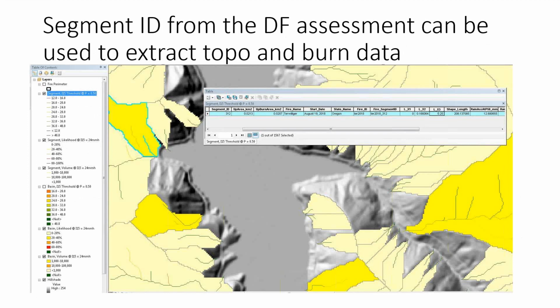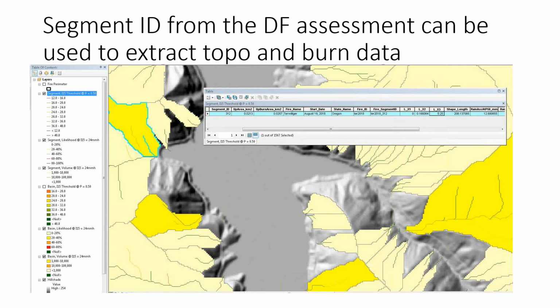So what you're looking at is just a screenshot from ArcGIS, for those of you familiar with that program. And the color areas are subbasins, and they are colored based on the likelihood of a debris flow given a rainfall intensity of 24 millimeters per hour.